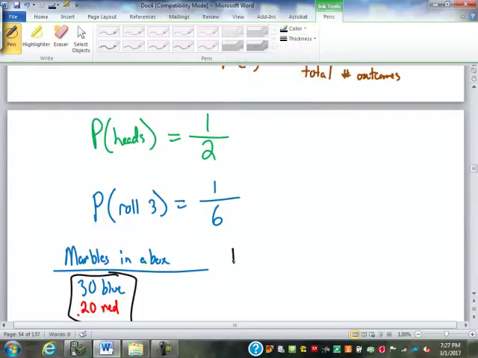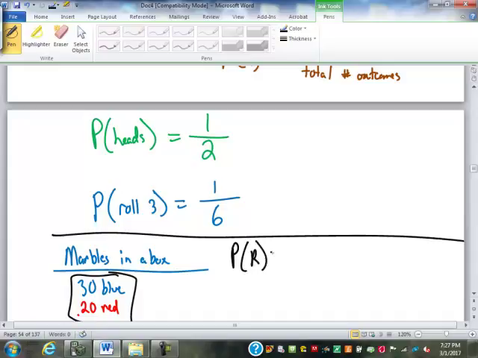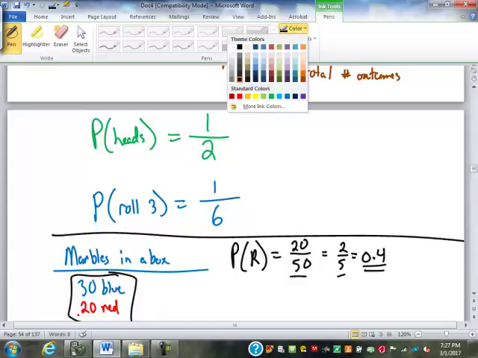What is the probability that you will reach into that box if you mix them up good and you're not looking at all, assuming the red and blue marbles are exactly the same shape, size, texture, weight, everything else, just a difference in color, that you're going to reach in there and pull out a red marble? Well, how many red ones are there? 20. How many total? 50. 20 out of 50. Or 2/5, or 0.4 probability. Any one of those is acceptable.